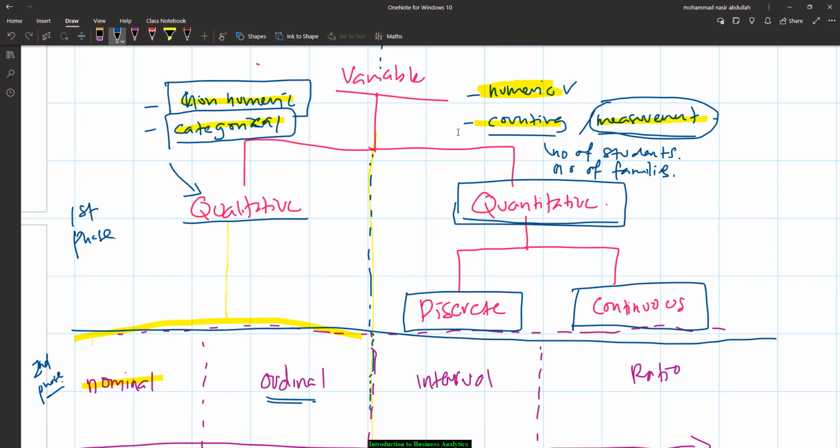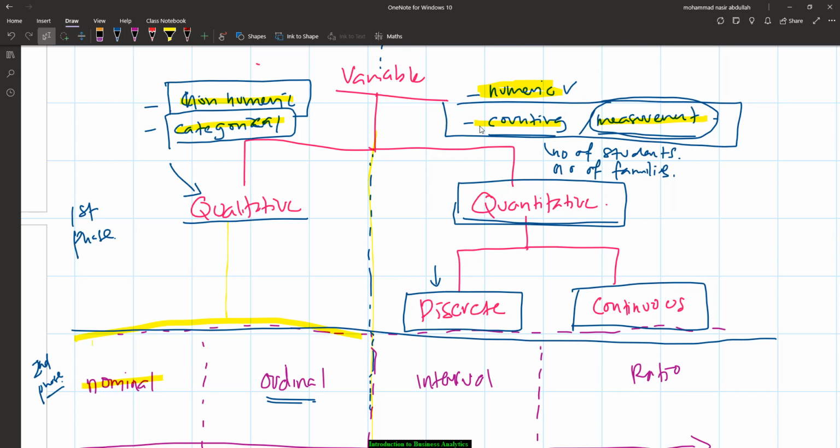Not yet. Okay. Good. So, for quantitative data, we have two parts: a discrete quantitative variable, and another one, the continuous quantitative variable. As I said before, for quantitative data we can get the data from either counting or measurement.